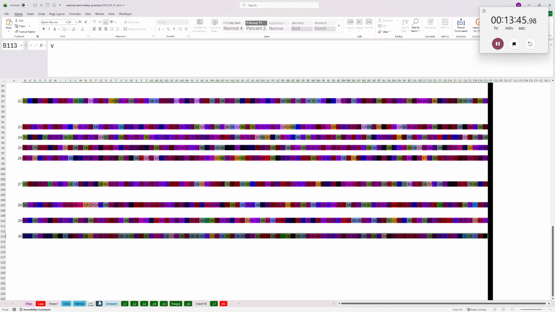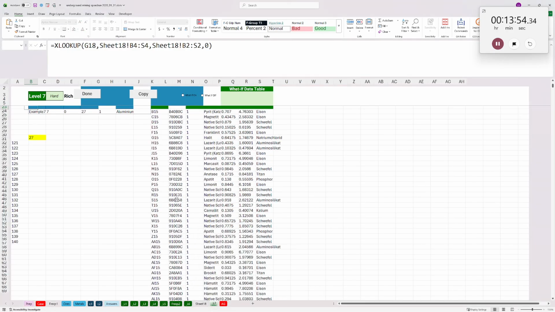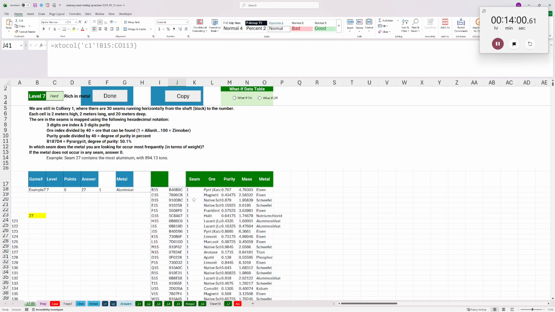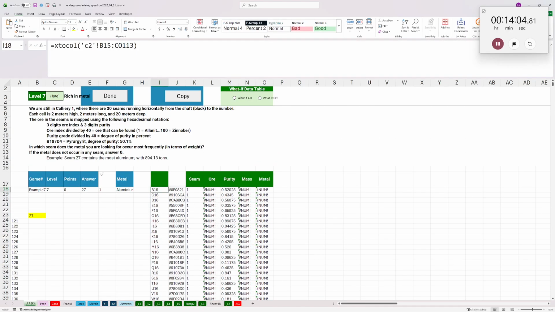So I'm just going to call these C1 and C2. And then this, if I make a new one here, and this then becomes C2, right?